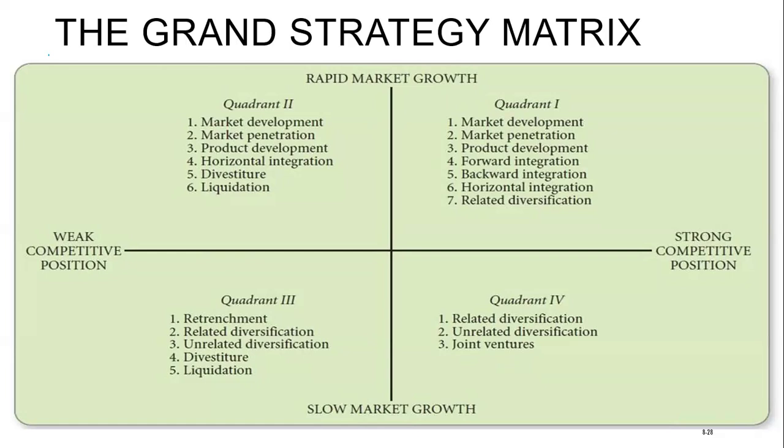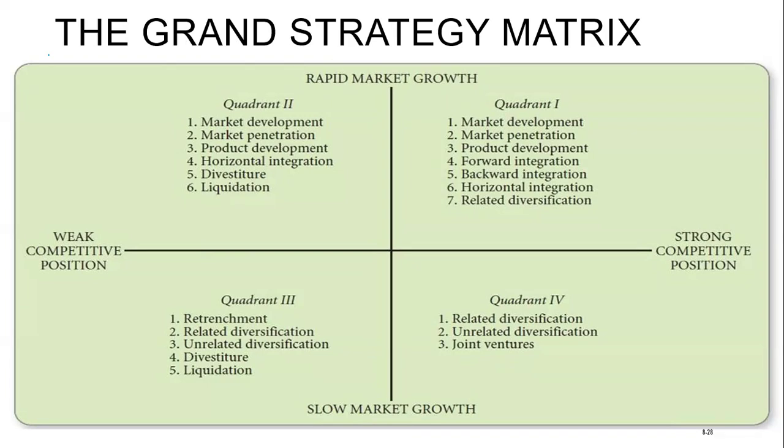So when firms are in the second quadrant, as far as their products or business units are concerned, it also means that the particular firm needs to evaluate their current approach to the marketplace seriously. This is so because they are operating in a quadrant where there is rapid market growth, but a weak competitive position.